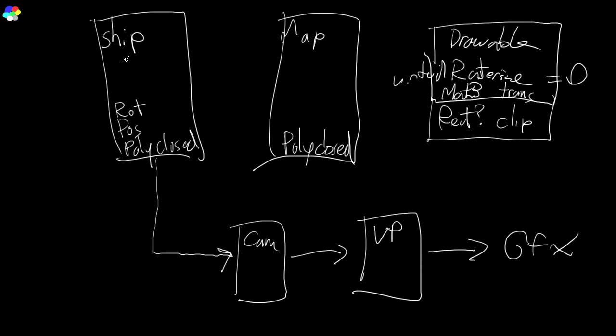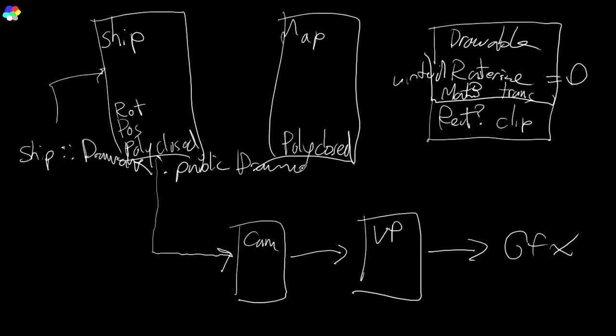And every object in the game that can be drawn to the screen through this pipeline is going to define a class. So ship will have ShipDrawable, and that's public Drawable. So it's going to inherit from this one here.